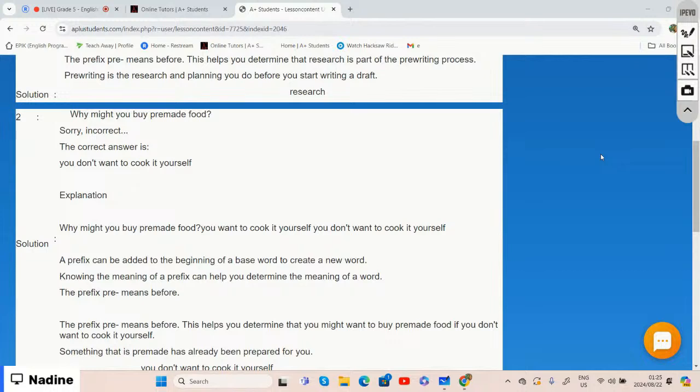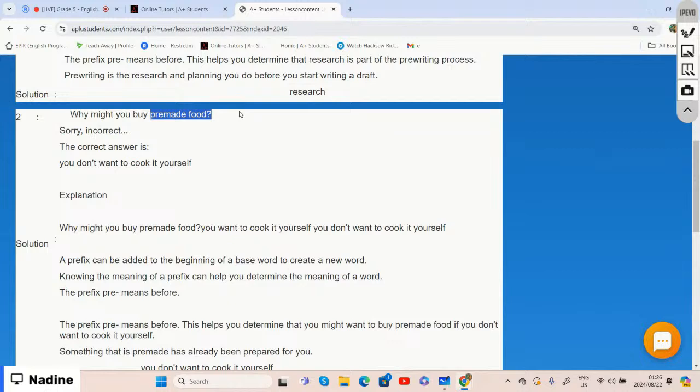All right. Why might you buy pre-made food? Pre-made food. What is pre-made food? Give me an example of a pre-made food. Yeah, so pre-writing is before the actual writing, but we do research and so on first. So well done. But now it's pre-made food.